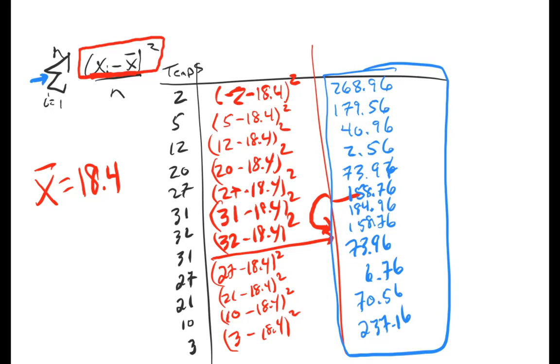Hopefully more than one person's doing this so we can double check things. Question 20A, you weren't asked to do all this work, but we're just using those numbers as our data here.